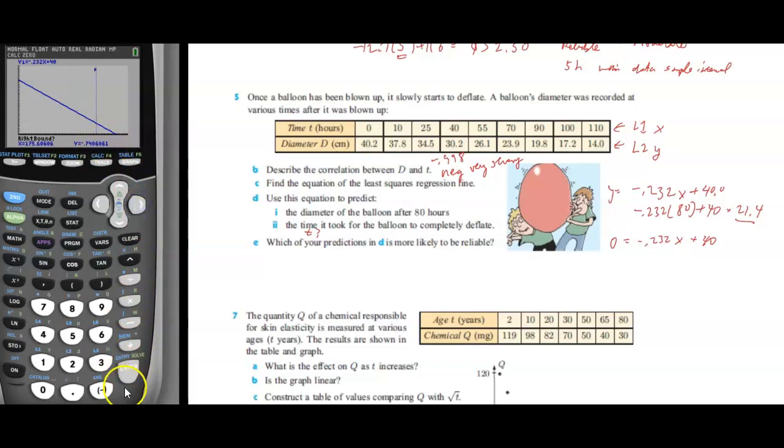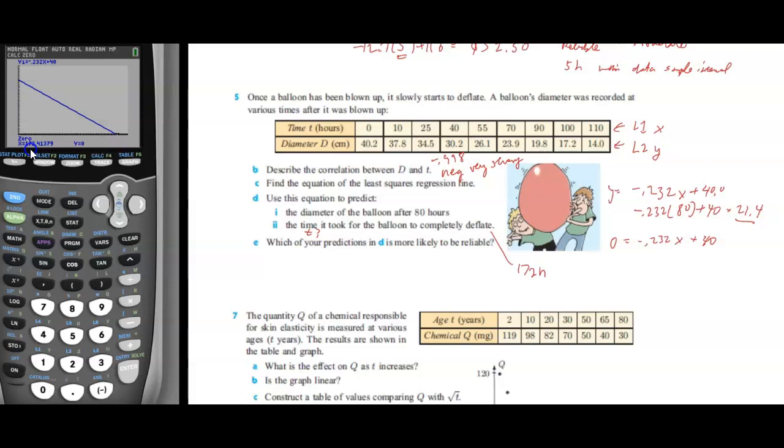We went past it, that's what we want, and we hit guess. Our answer is 172. So it takes 172, I don't know, minutes maybe, 172 hours for the balloon to completely deflate.